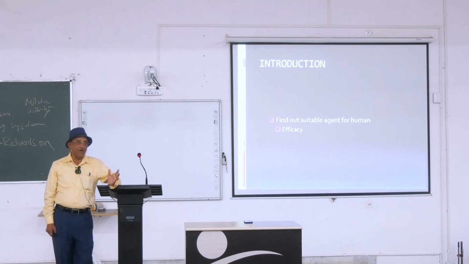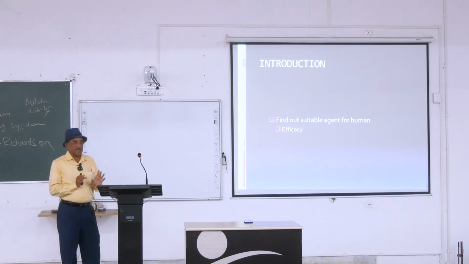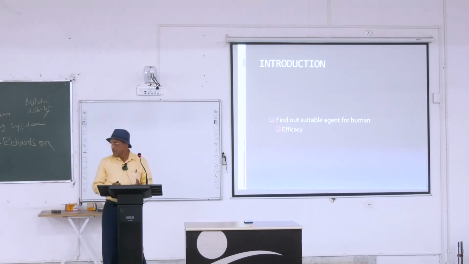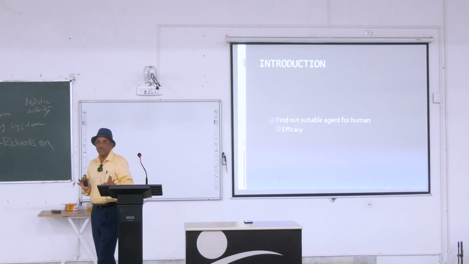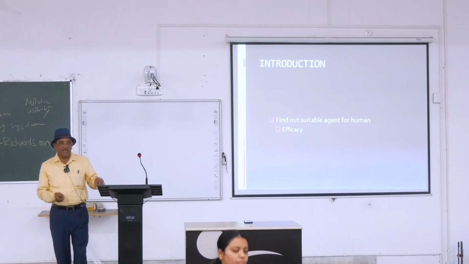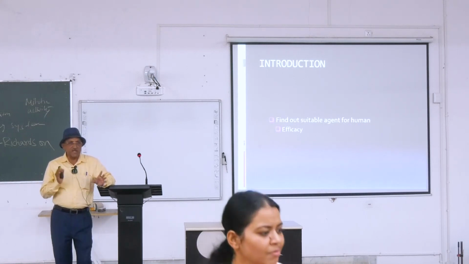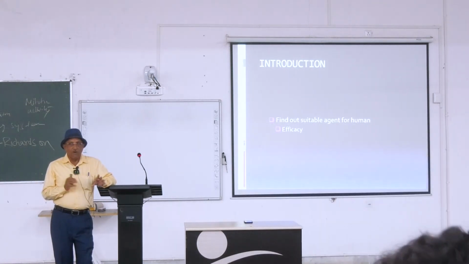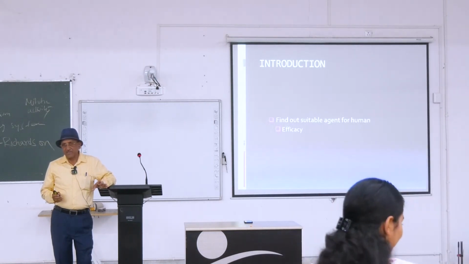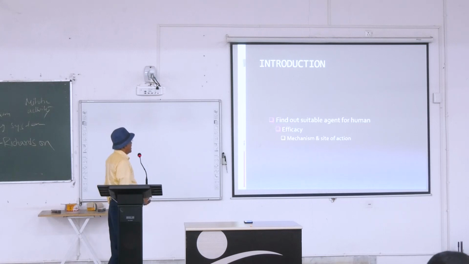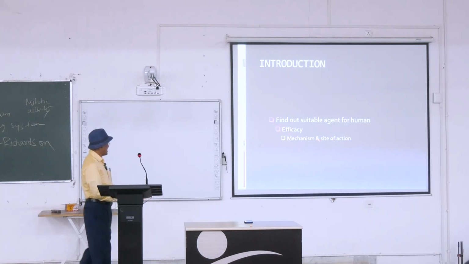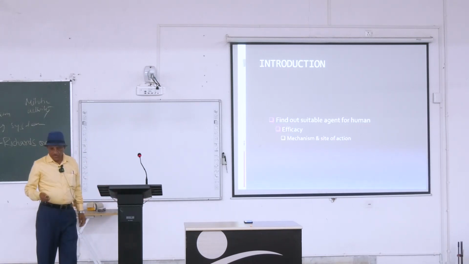When an agent has been found to possess some important effect, the drug is not directly administered to the human being. Before that, you have to go through screening of these drugs on certain animals, for mechanism and site of action, efficacy, and also the toxicity.